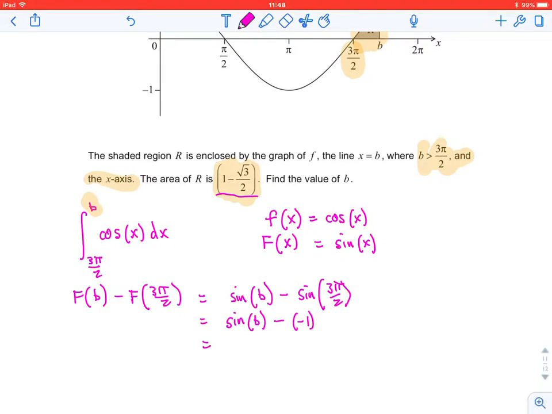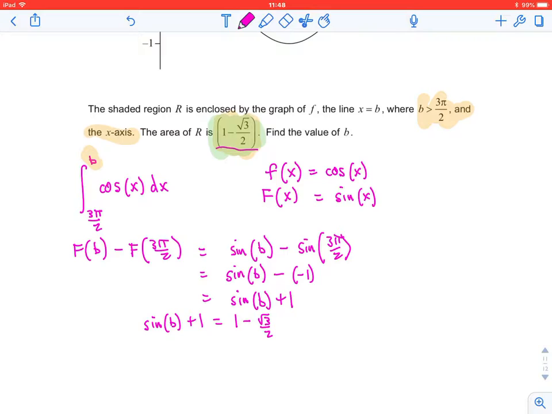And so this expression just simplifies to sine of b plus 1 is what that area equals. Now let's set that sine of b plus 1 equal to what we see is the area, specifically 1 minus the square root of 3 over 2. And that is, one more time, what we identified up here as the area of that region.